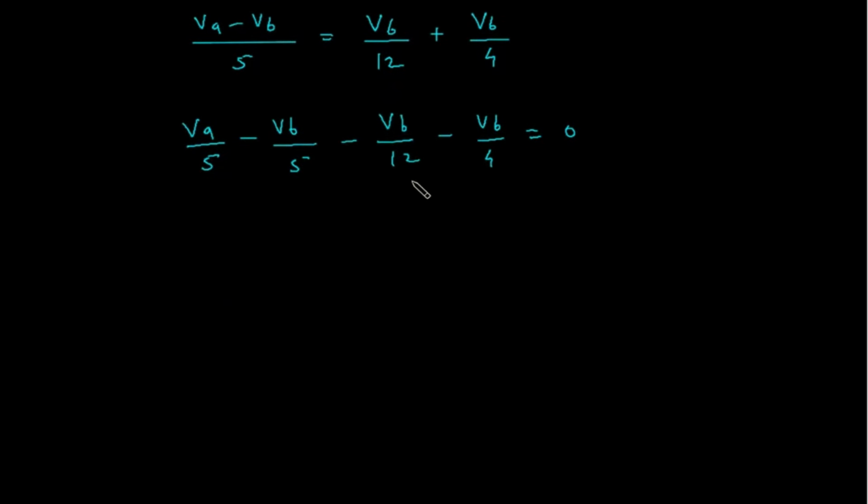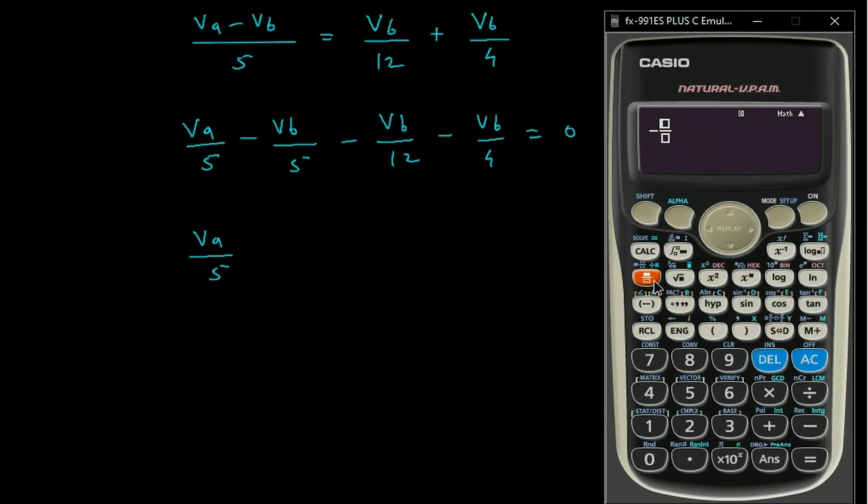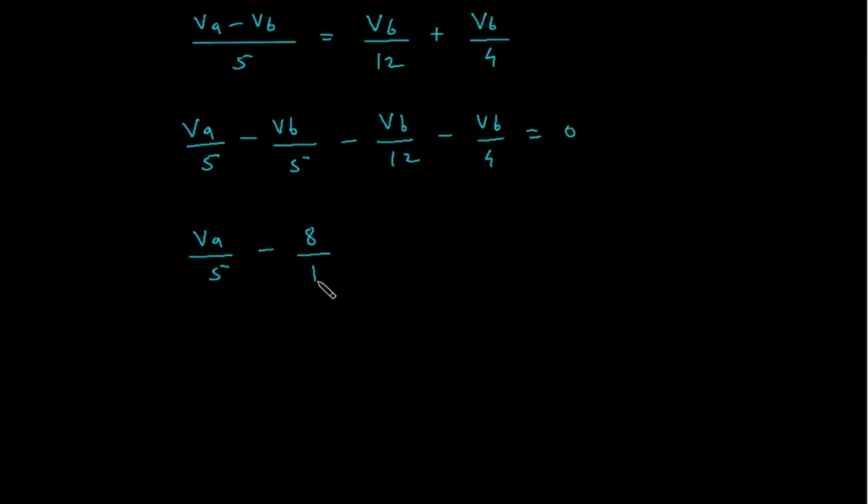So this will be VA by 5, minus 1 by 5 minus 1 by 12 minus 1 by 4, which is minus 8 by 15, VB is equal to 0. Let's say this is equation number 2.